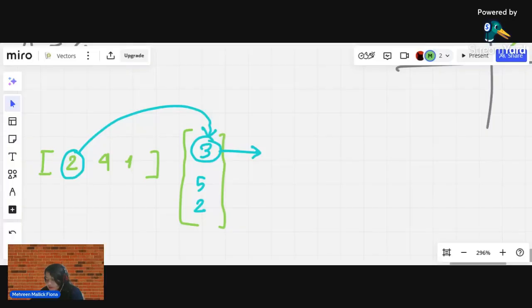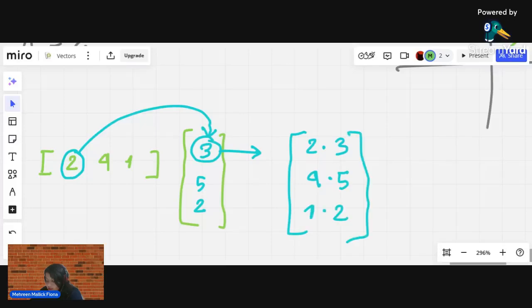So the multiplication results in 2 into 3, 4 into 5, 1 into 2. The value would be 6, 20, and 18.